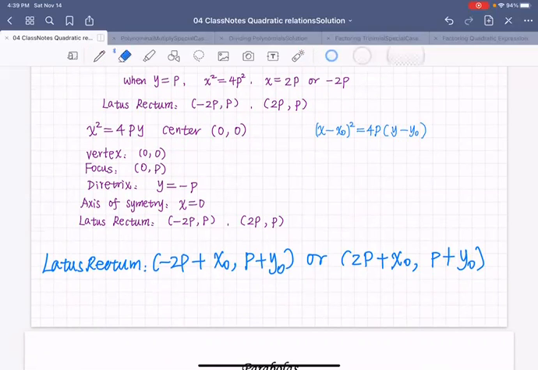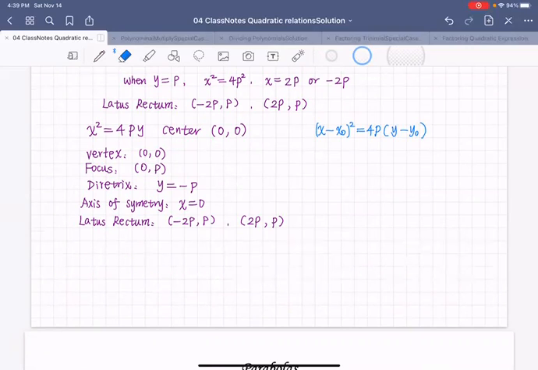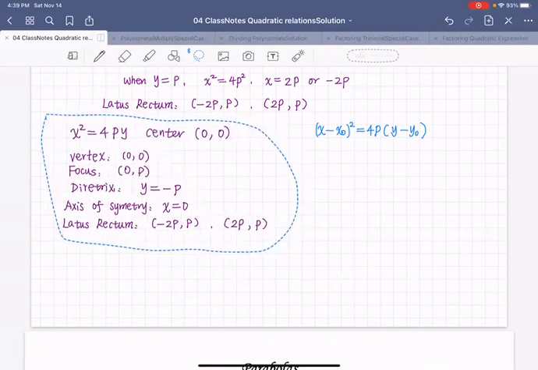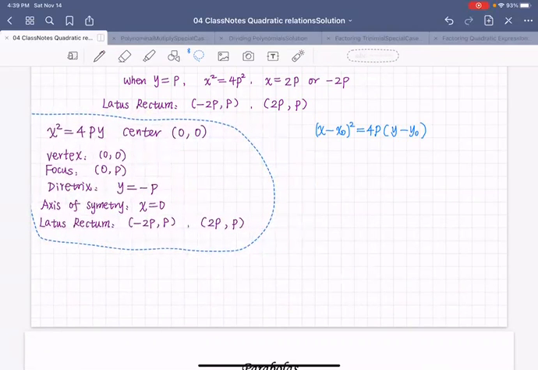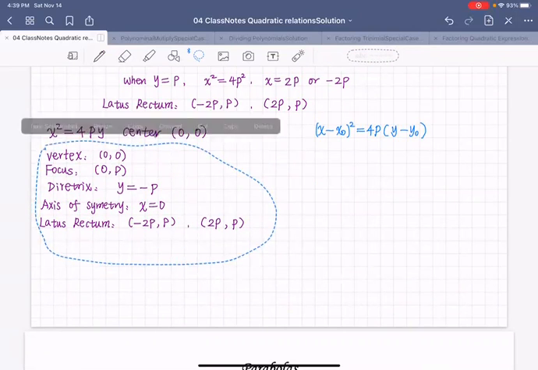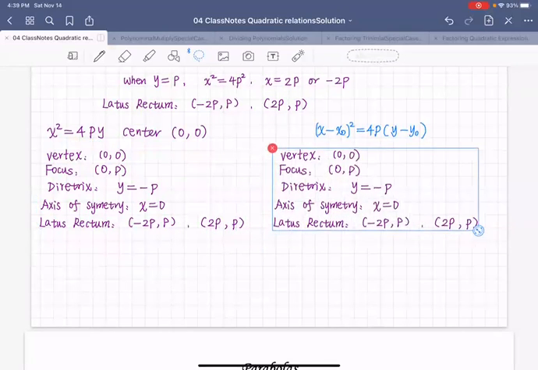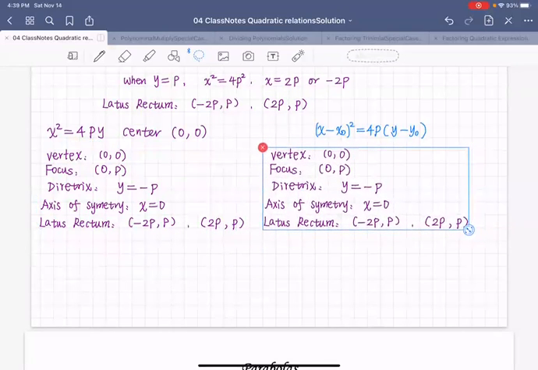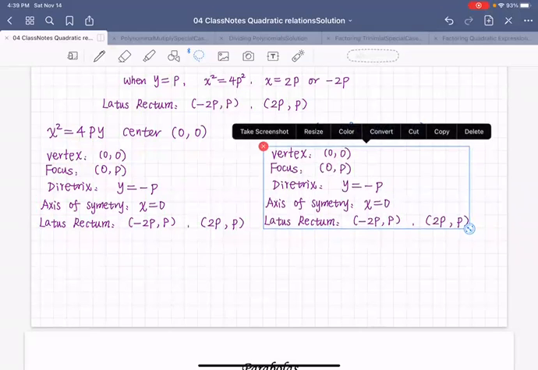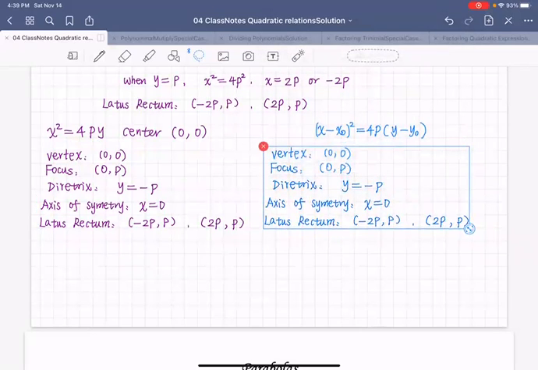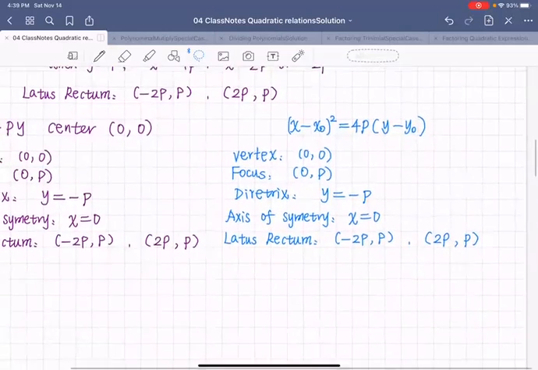Now we want to finish the scenario when the center is not at 0, 0. We want to move this one to the left and then finish all this part. Copy and then paste for this right one. Change color to blue. Now let's finish this.